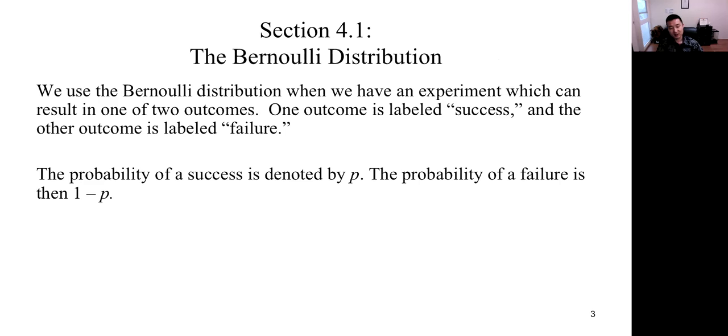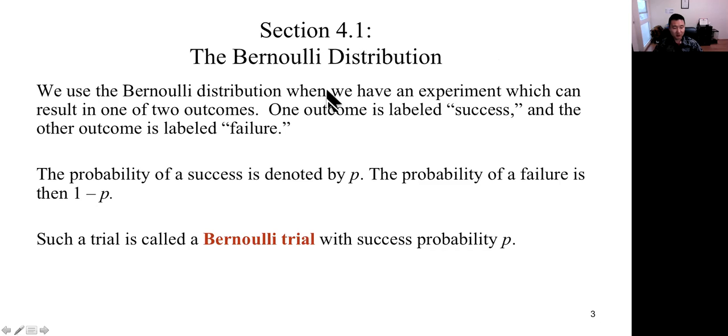And the probability of success is written as p. p doesn't have to be 50%, like in the case of tossing a fair coin. p could be anywhere between 0 and 1. So if the success probability is p, then the probability of failure is 1 minus p, right?